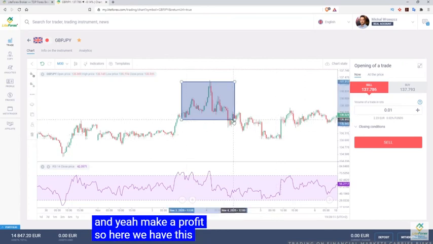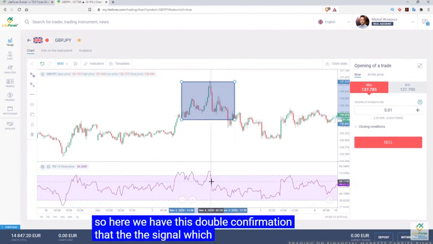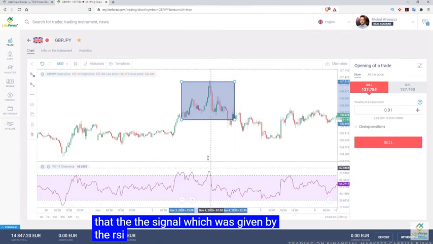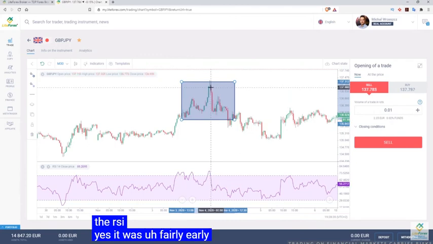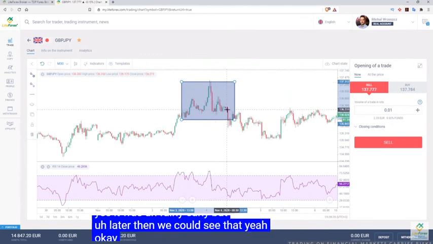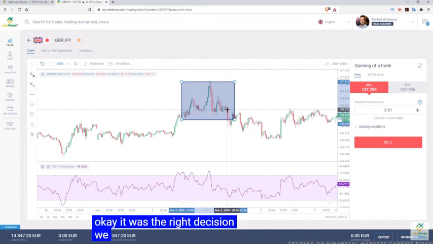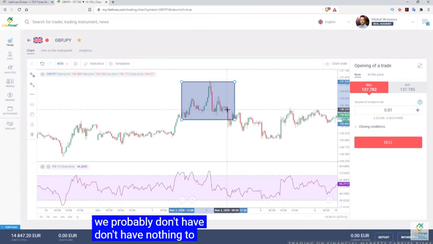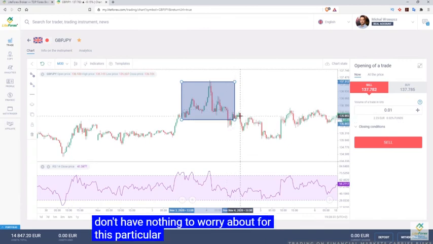So here we have this double confirmation that the signal which was given by the RSI, yes, it was fairly early, but later we could see that it was the right decision. We probably don't have anything to worry about for this particular example.